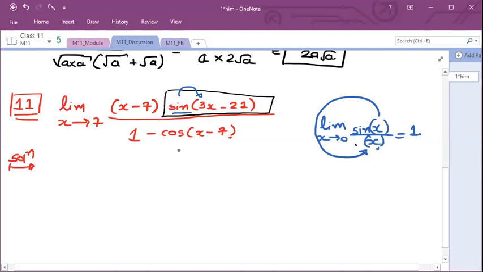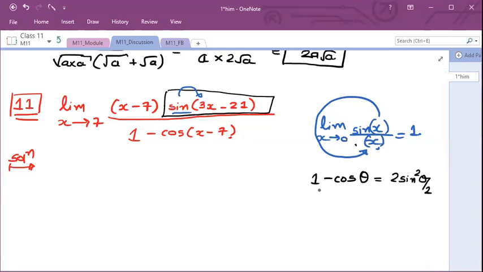What about cos? We are not having any formula for cos. So whenever in trigonometric limits you are having 1 minus cos, just try to convert 1 minus cos in terms of sine. How can you convert 1 minus cos in terms of sine? Already we have finished M3. 2 sine square theta by 2 or not? Right, or 1 minus cos 2 theta is equal to 2 sine square theta.